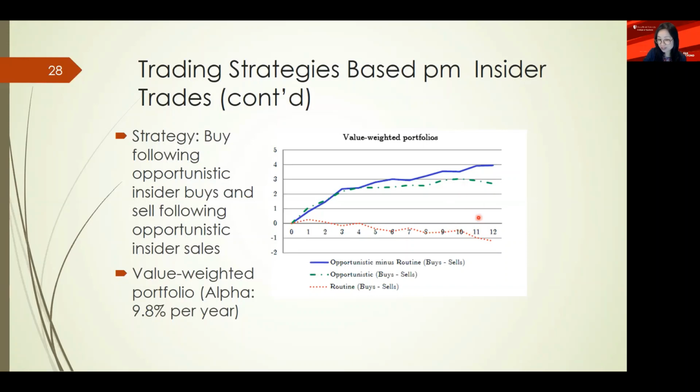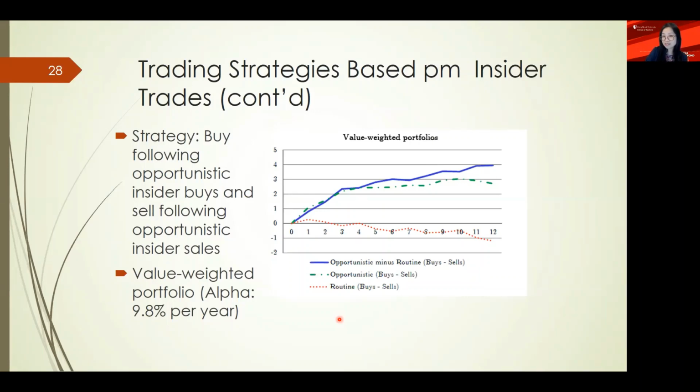You get the distance between the green and the red line, that's your blue line. So taken together, this chart and the study show that if you can identify the opportunistic trades, insider trades do contain information for future price movement, and you can indeed make abnormal profits.